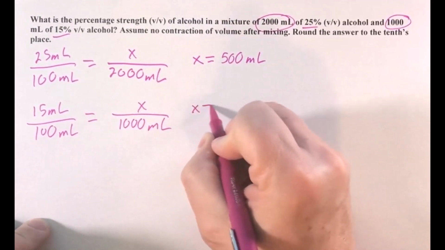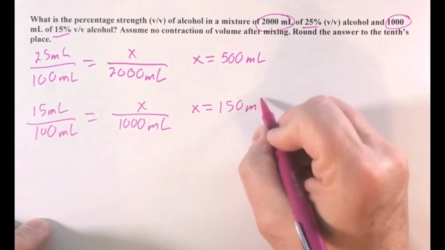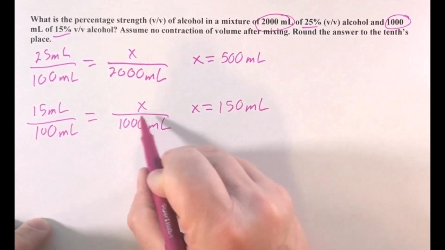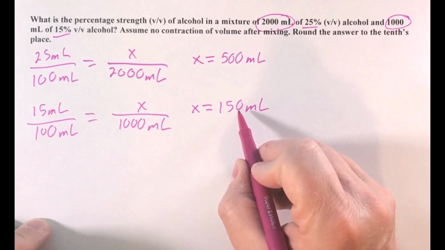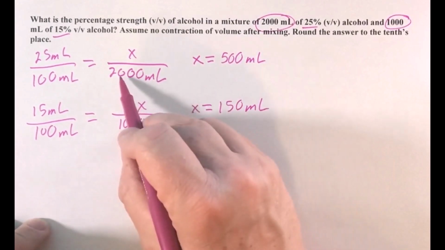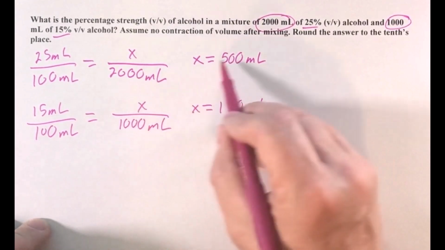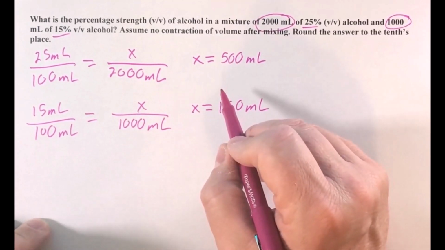Okay, we'll solve for X here, and we get 150 milliliters. So what does that mean? Within this 1,000 milliliter solution, 150 milliliters of that you can consider to be the pure alcohol. In this 2,000 milliliter solution, 500 milliliters of that 2,000 milliliters is alcohol.